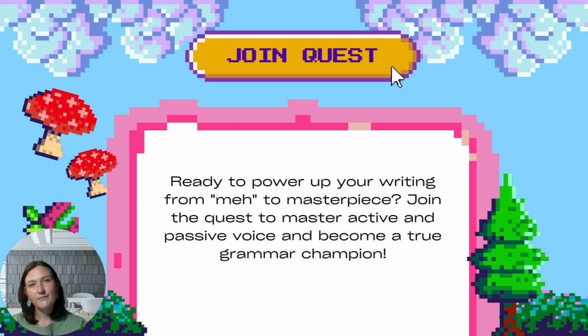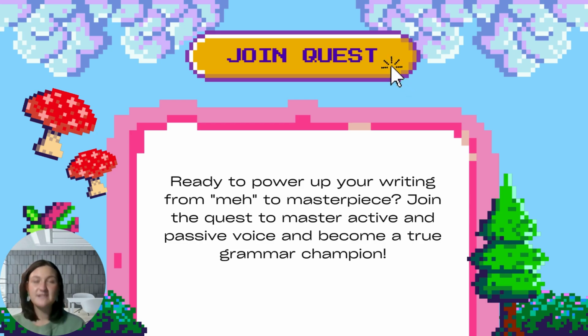Well, I want you to think of this like an RPG game. You're the main character, and your main mission is to level up your own grammar skills. But we need to remember in every game there are still power ups and challenges. Right now, some of you might feel like you're stuck at level 1, where grammar is still a lot of confusion.